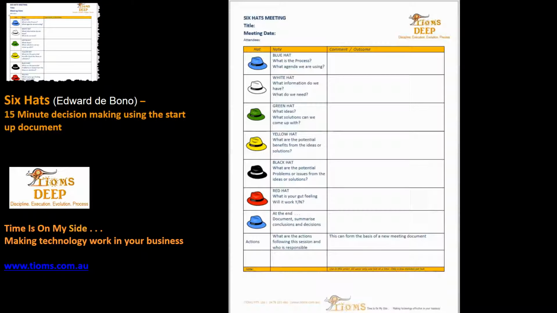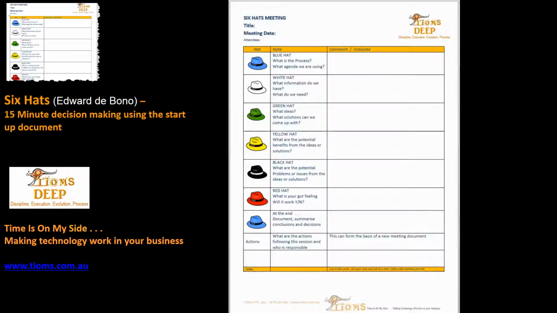So we'll quickly run down the Six Hats process again. This is a very simplified version of the process. You can go on a day-long course to learn how to run a Six Hats meeting, but I don't think it really needs that amount of information. So the rule is that everybody is wearing the same colour hat at the same time.